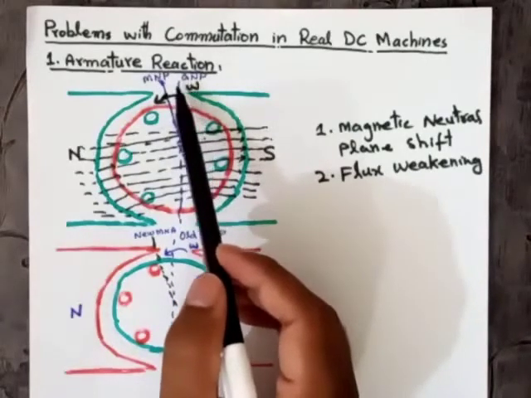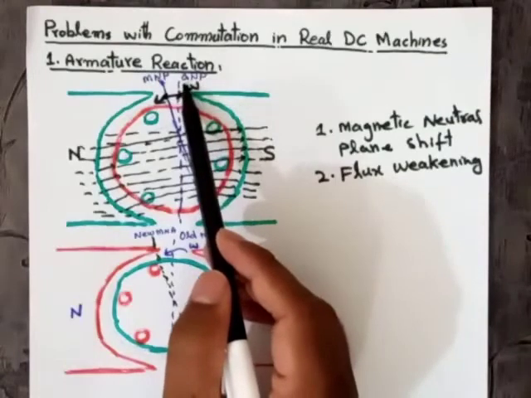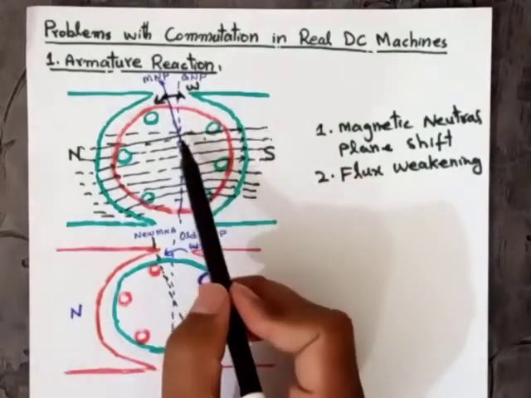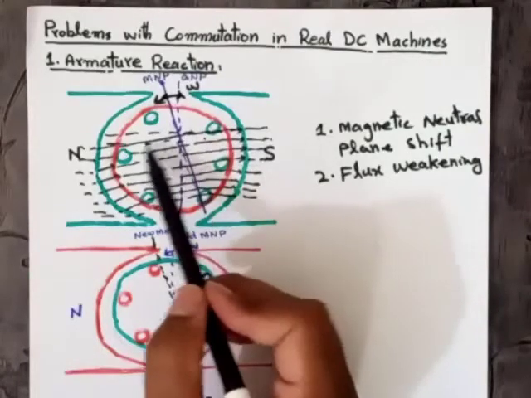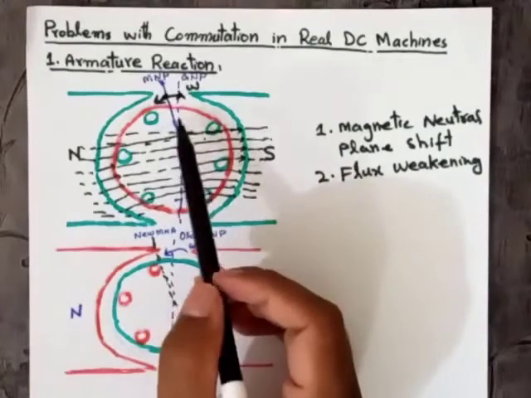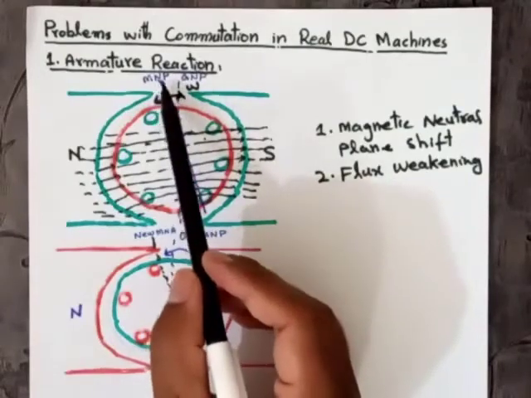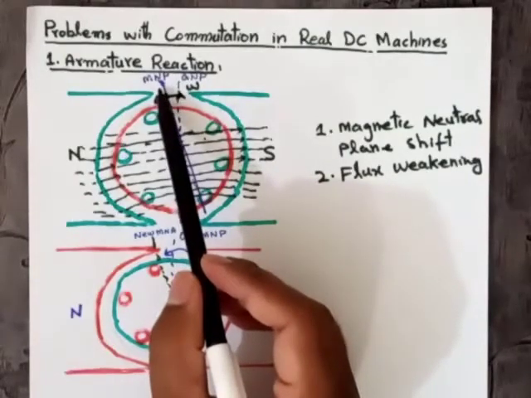At the start, the magnetic neutral plane was at that position. Now, due to the armature reaction or the armature field flux, the direction of the original magnetic field is changed. Due to this, the magnetic neutral plane is shifted here.